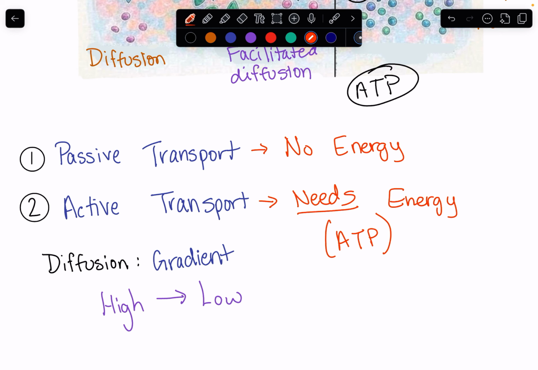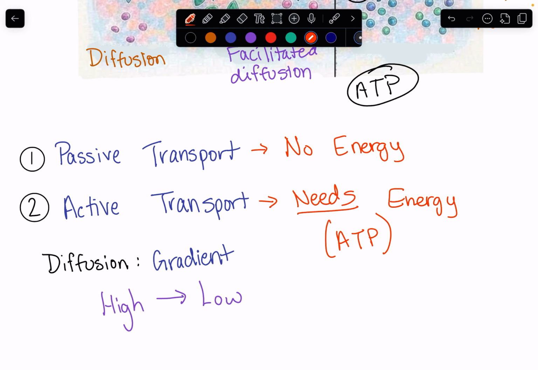So always remember that there is a concentration gradient that we're talking about when we discuss these membrane transports. We have molecules, substances, that are going from a high concentration to a low concentration, and that's in terms of passive transport when we talk about diffusion.